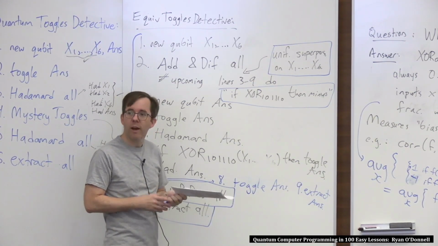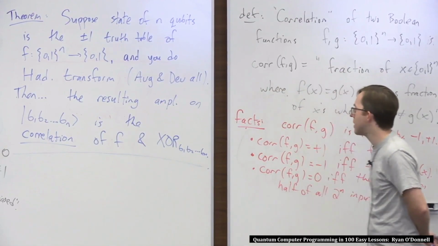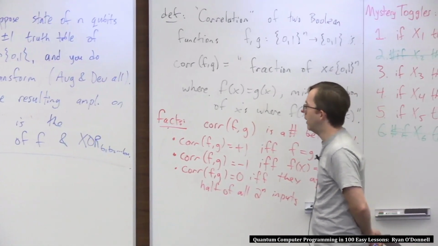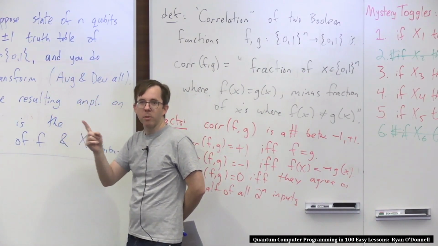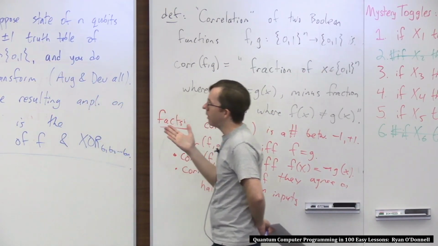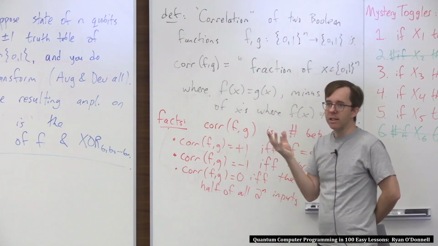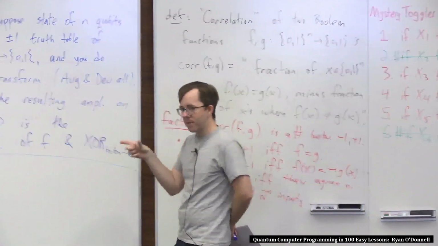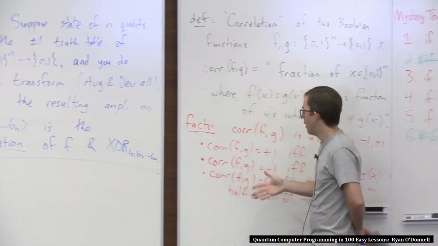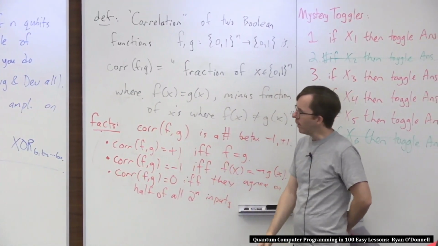Any questions about this? Yeah. The question was, it's quite clear that if f is itself some XOR function with a certain bit mask b1 through bn, that function's correlation with itself is 1. The correlation with XOR sub the same bit mask is 1. I mean, that's this fact.